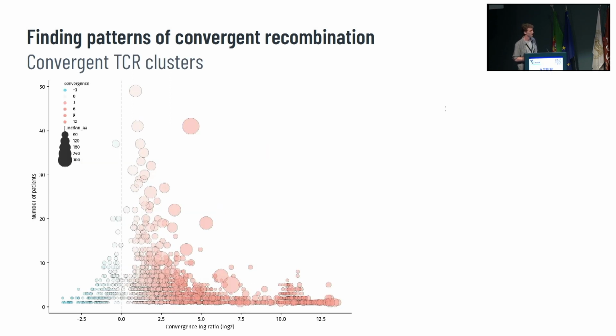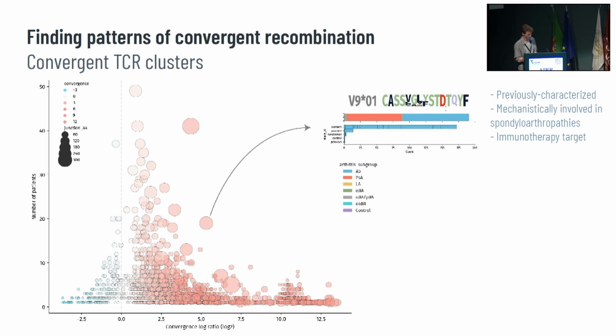This is a slide that shows for each cluster how convergent it is, so compared to the background, how many more convergent events we see in arthritis versus controls, and also how public it is, so how many patients share this cluster. For example, we can see this very nice GLY motif that has already been described previously and also highlighted in the previous talks as a perfect target for immunotherapy.